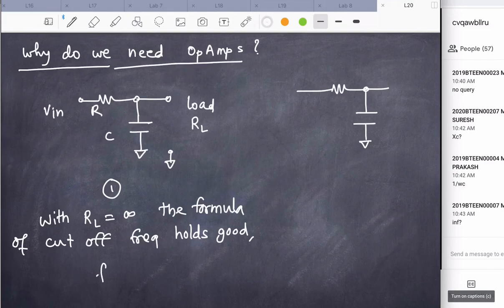What is the formula? Fc is equal to 1 upon 2 pi RC. This is the formula.